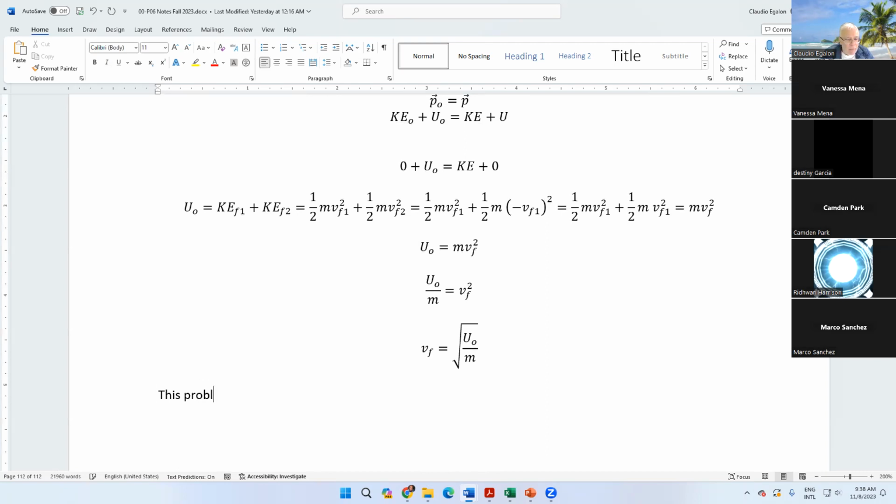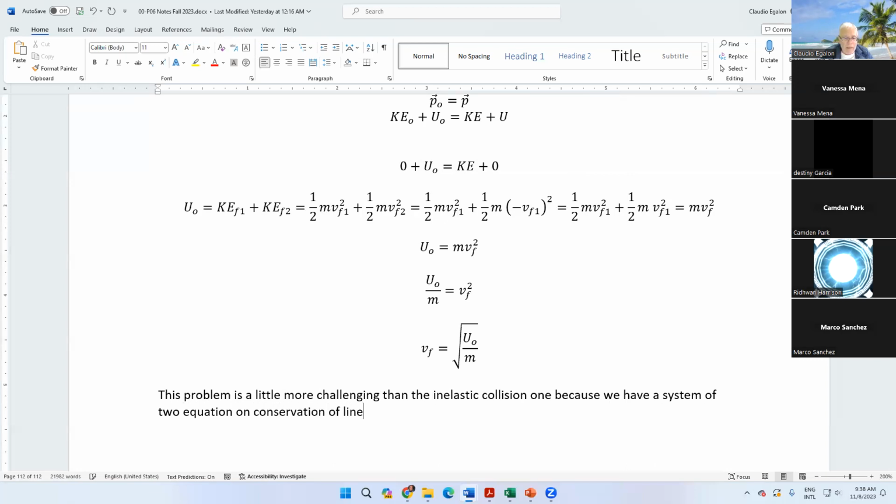This problem is a little bit more challenging than the inelastic collision one, because we have a system of two equations on conservation of linear momentum and conservation of energy. Okay.